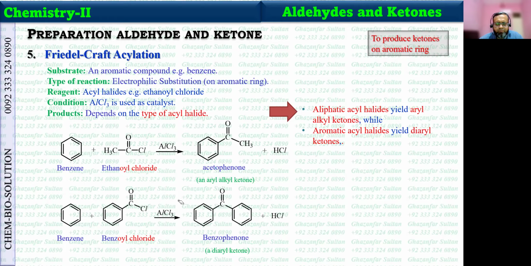So one of the benzene rings already is here in benzoyl chloride. Suppose this part is from benzoyl chloride and this is from benzene. So what happens? On both sides, aryl group is there. So this is the second type of ketone, that is, aromatic acyl halide is used. So it yields the diaryl ketone.